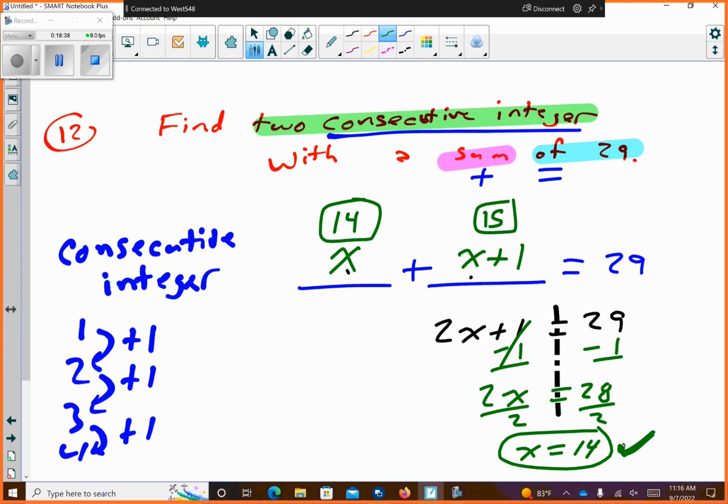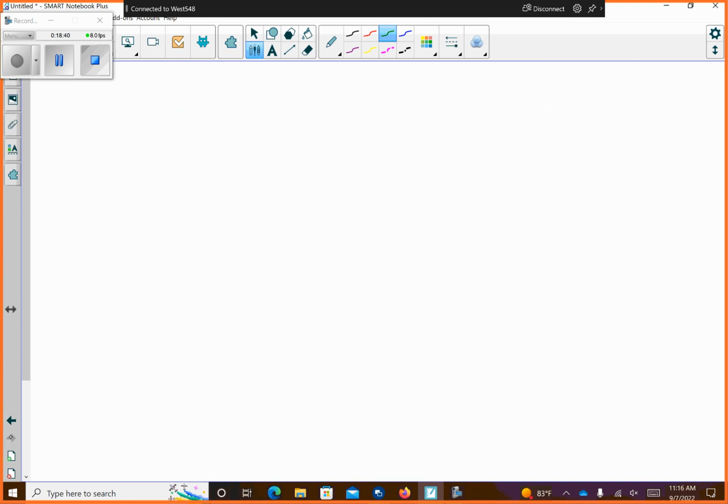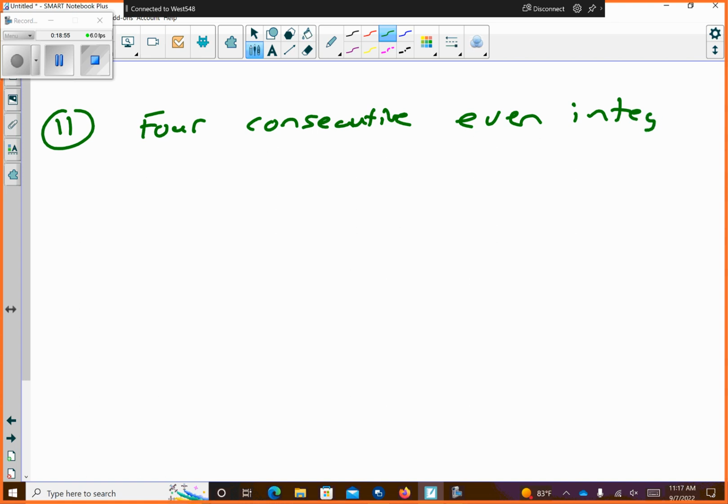Okay, this is 4 consecutive even integers with a sum of negative 52.